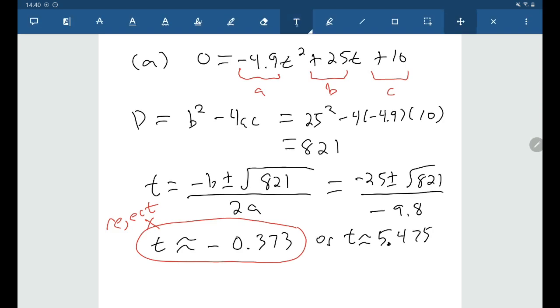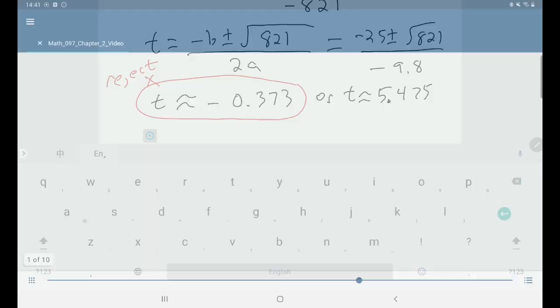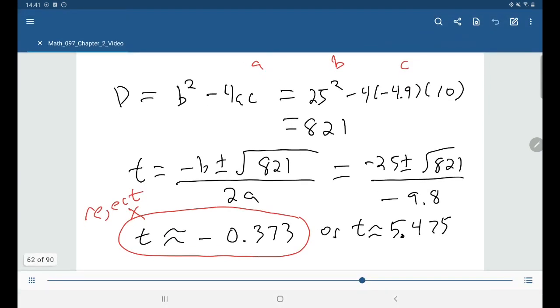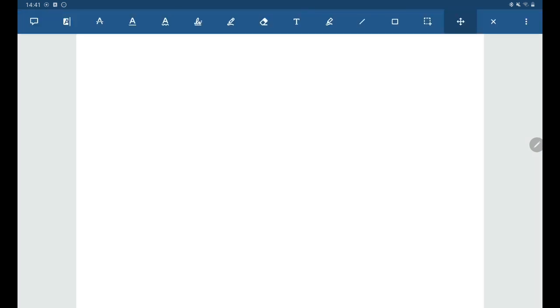It hits the ground after 5.475 seconds. Now, same thing as we did back in section 2.3, we're going to need to write out our solutions in terms of a word problem, in terms of a sentence. So I'm going to just scroll down here. Maybe I'll do it on the next page. There we go.